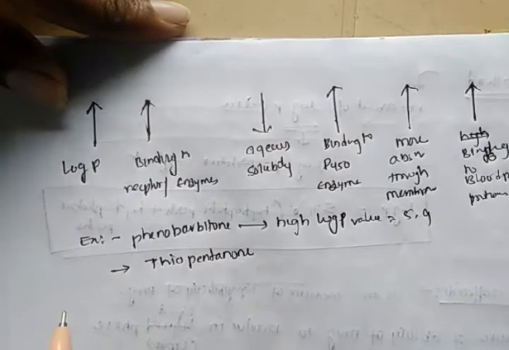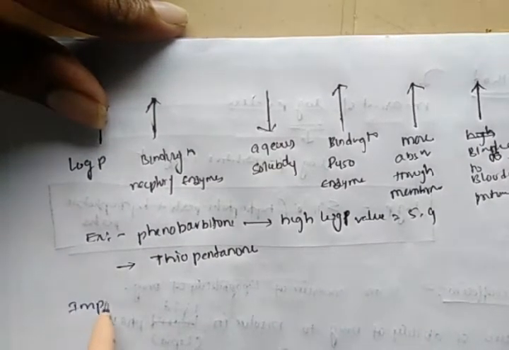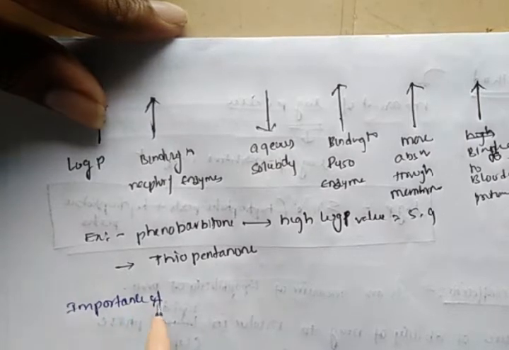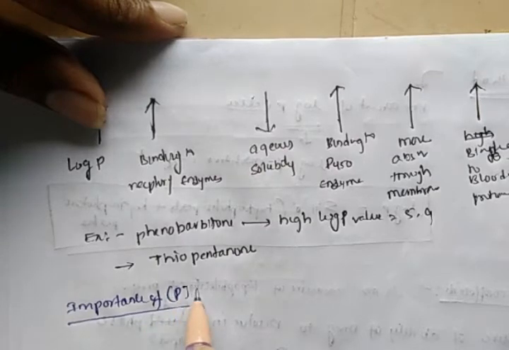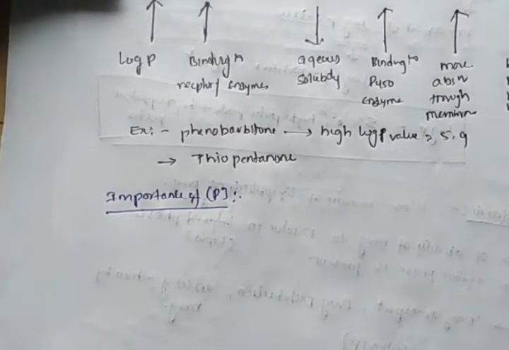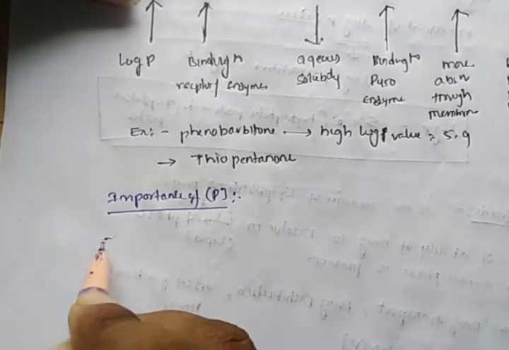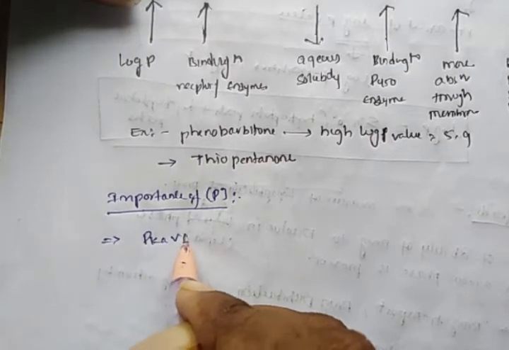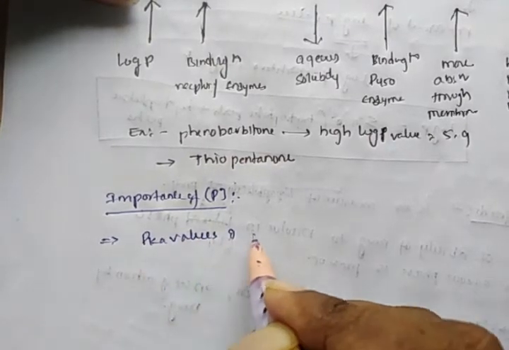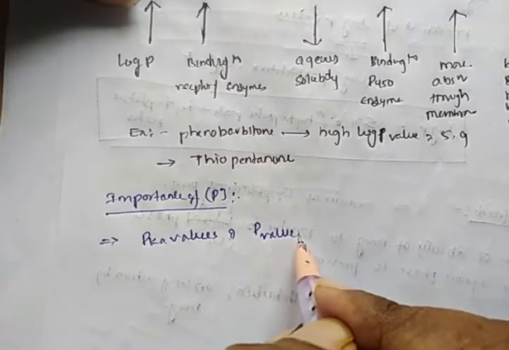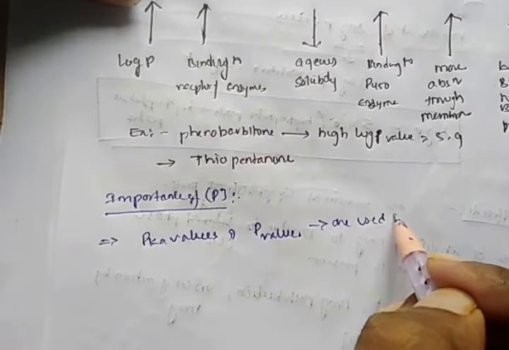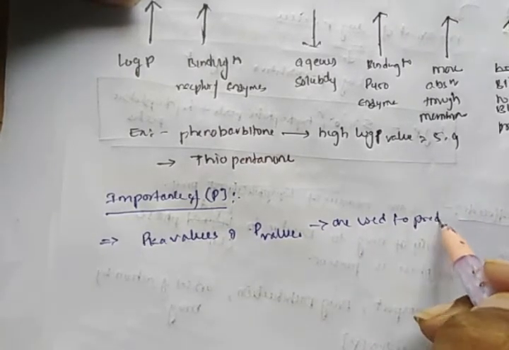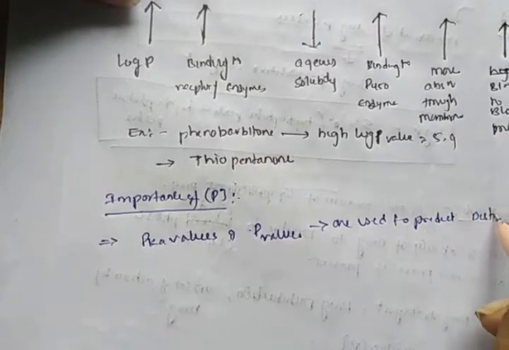So coming to the importance of partition coefficient, the pKa values and partition coefficient values are used to predict the distribution of drug molecules.